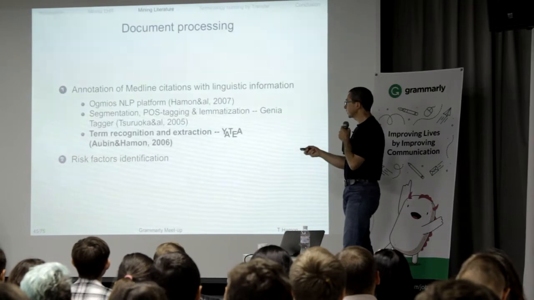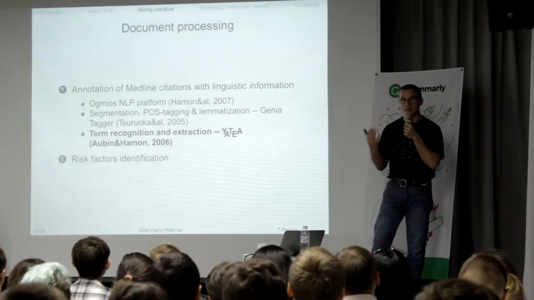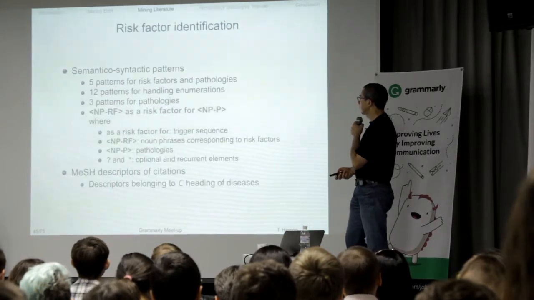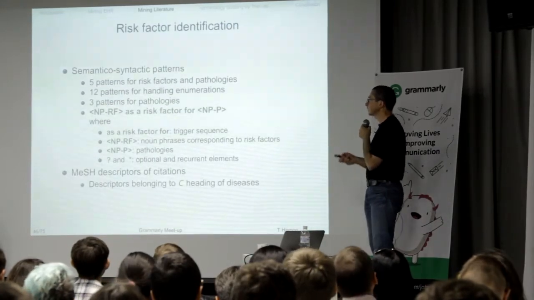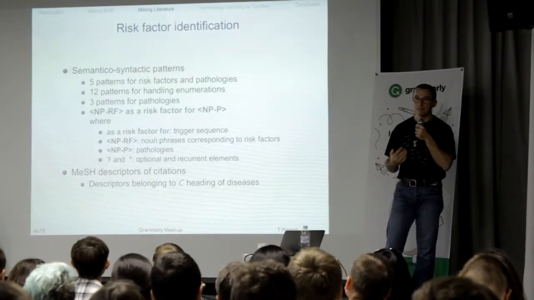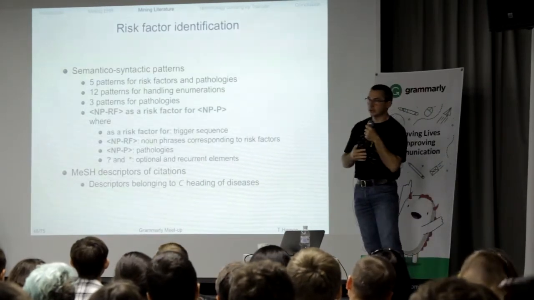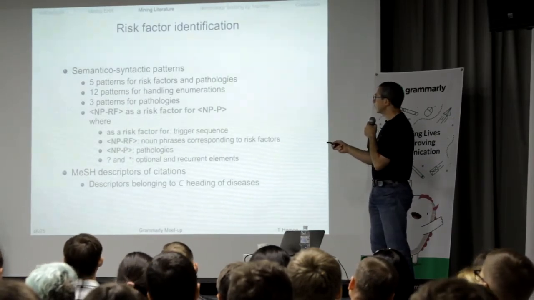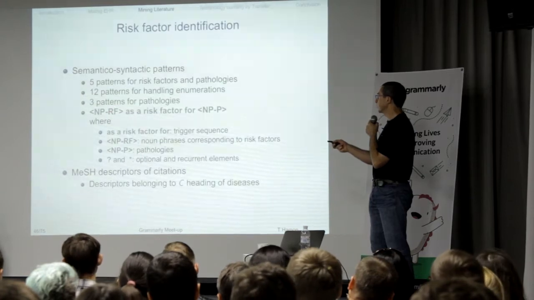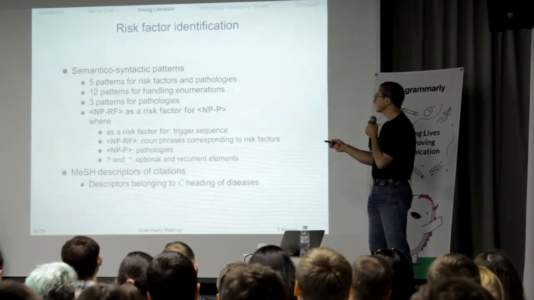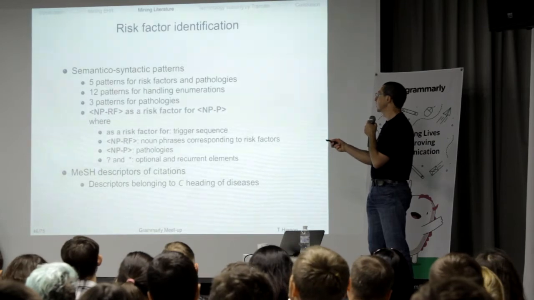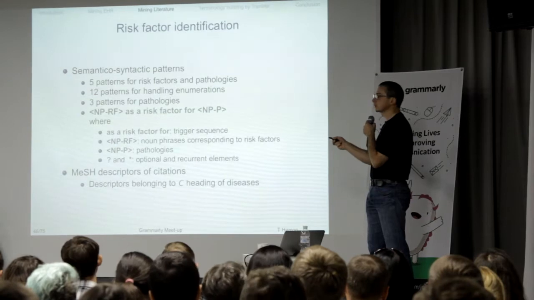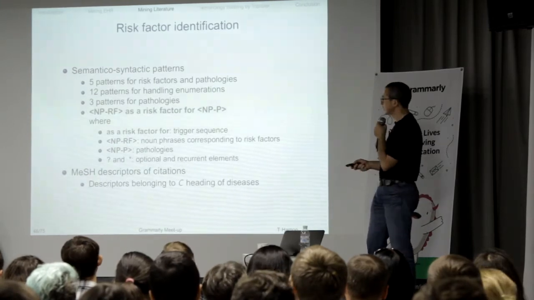Now, at the end of this step, we have terms which can be risk factors, and we use semantico-syntactic patterns to identify pathologies and related risk factors. So, for instance, a term will be considered a risk factor if there is a trigger such as "risk factor for", and this one will be considered as a pathology.